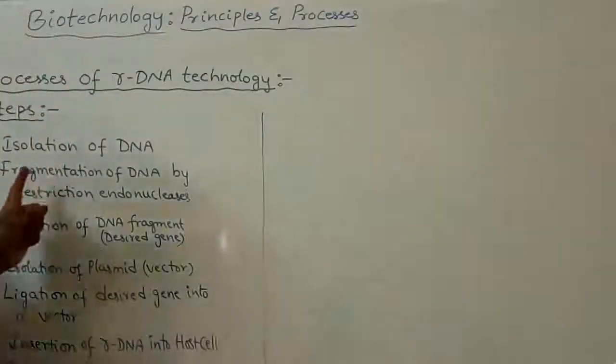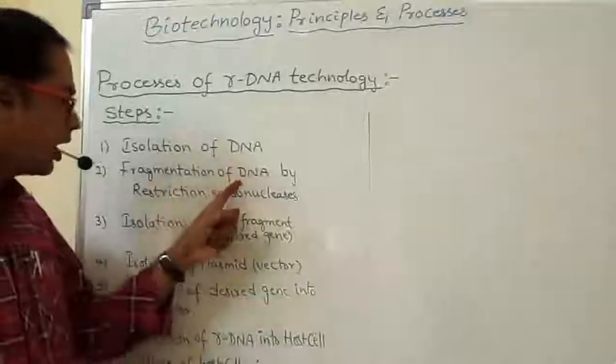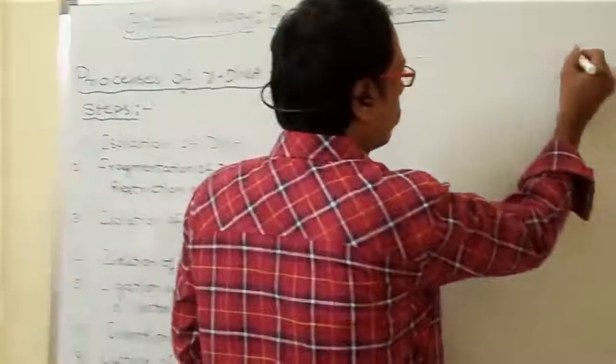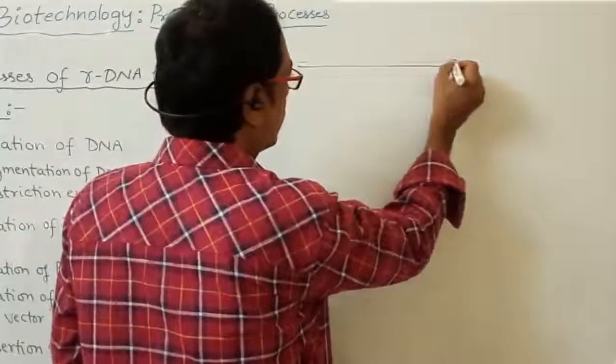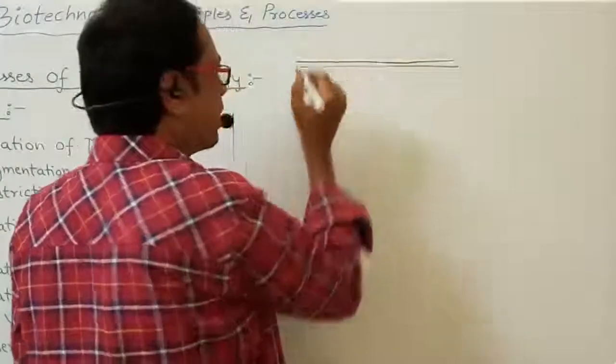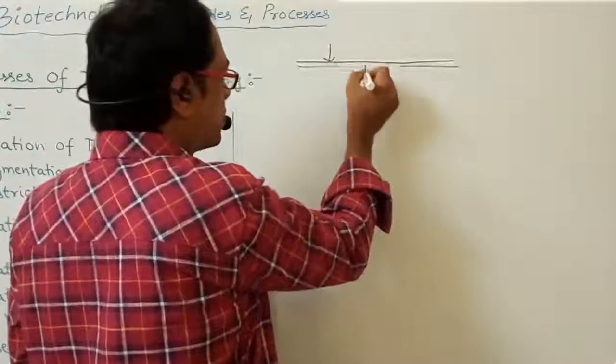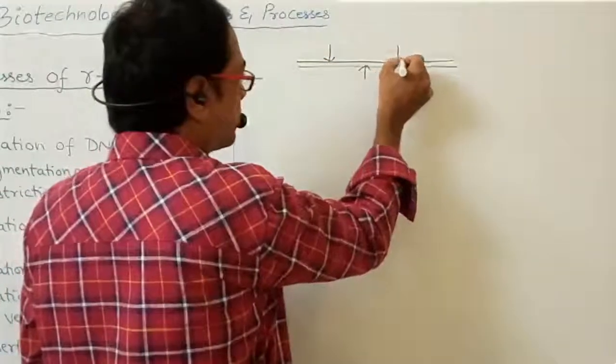Next, what is the second step? Fragmentation of DNA by restriction endonuclease. That means the long DNA is obtained. This is the long double-stranded DNA, so we have to cut this by restriction enzymes.